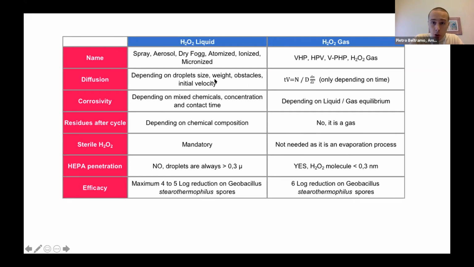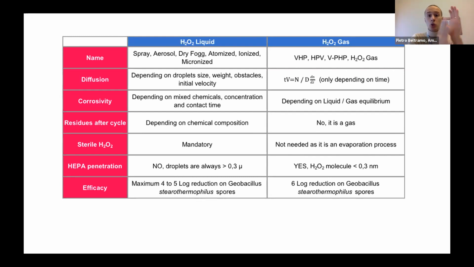So the first difference is the dispersion of the biodecontamination agent. If we talk about the liquid, the aerosol generator, the small droplets, the diffusion in your area becomes more critical as soon as the area is bigger. The diffusion depends on the droplet size, because big droplets will be much heavier and will fall down.